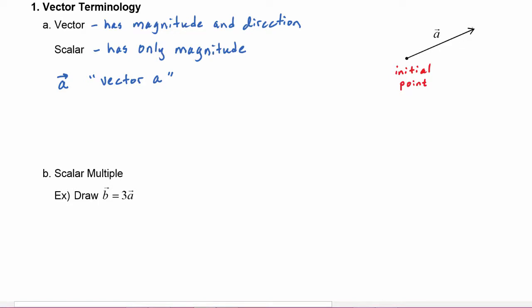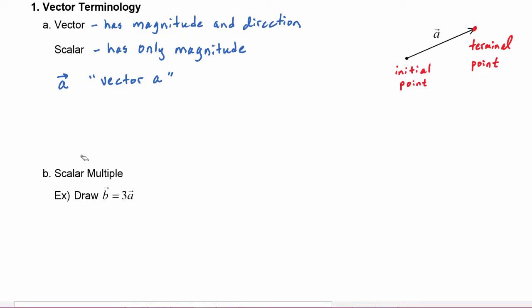And over here, it has a terminal point. The arrow of the vector indicates the direction that the vector is pointing. So the vector starts here at its initial point, goes this direction, and stops here at its terminal point.